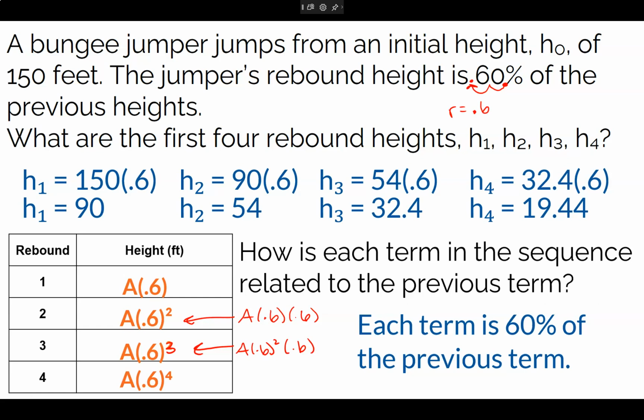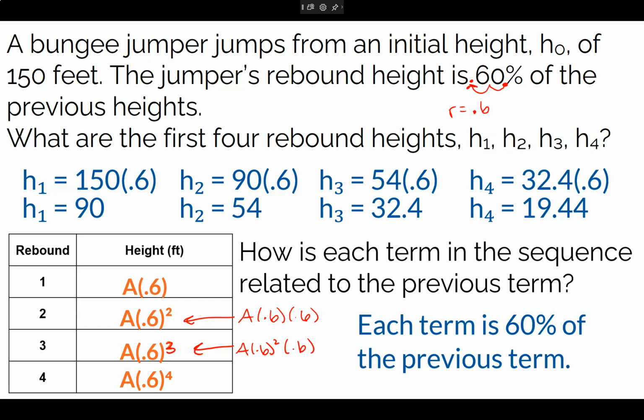They're getting smaller. If I was growing, that rate would be like 1.2 something, or 1 point anything. That 1 shows 100%, and then the 0.2, or 0.25, shows I'm adding 25% to my original value. So if values are growing, we're going to be above 1 to show all 100% plus extra. If we're decreasing like this one, then my rate will be 0.6, 0 point something, to show it's not all moving forward.